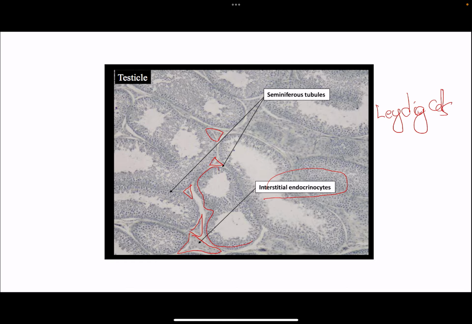These are located between these tubules. Their main function is to produce testosterone. Testosterone is produced by these cells.